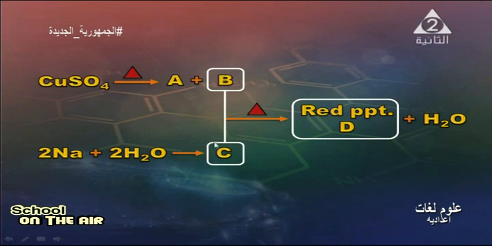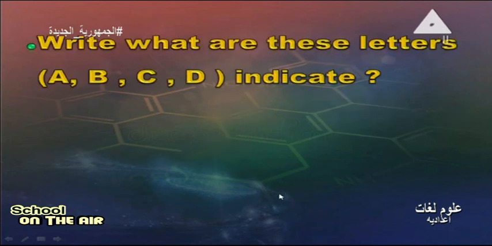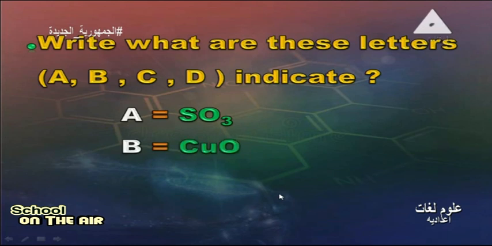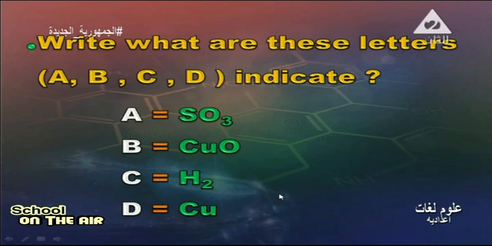When CuO reacts with hydrogen by heating, a reduction oxidation reaction will occur to give copper as a red precipitate and water. So the answer, write what these letters A, B, C, and D indicate. A, as we said, is SO3, B is copper oxide, CuO, and D is copper.